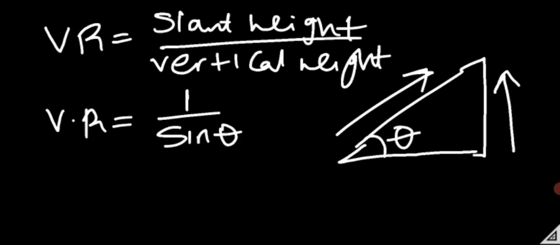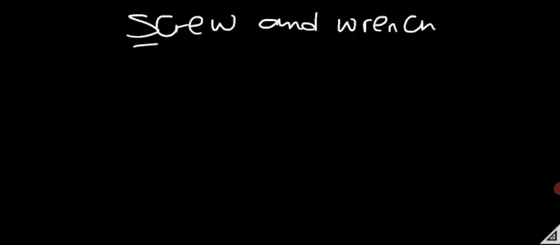Now the next part we'll look into in this course, the next type of machine we are going to be looking into is called the screw or wrench. The screw and the wrench. Now, in considering the screw and wrench, what do we need to know?